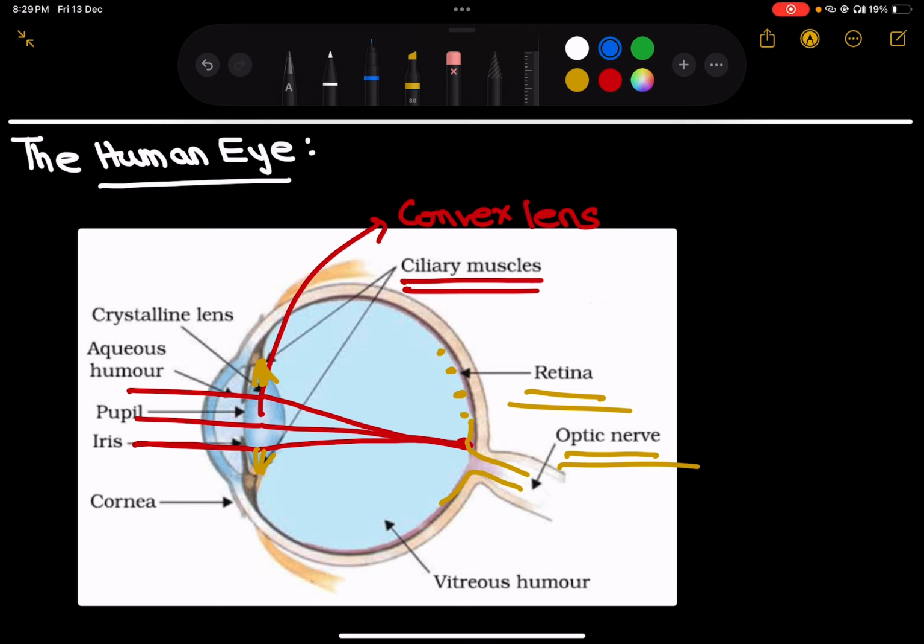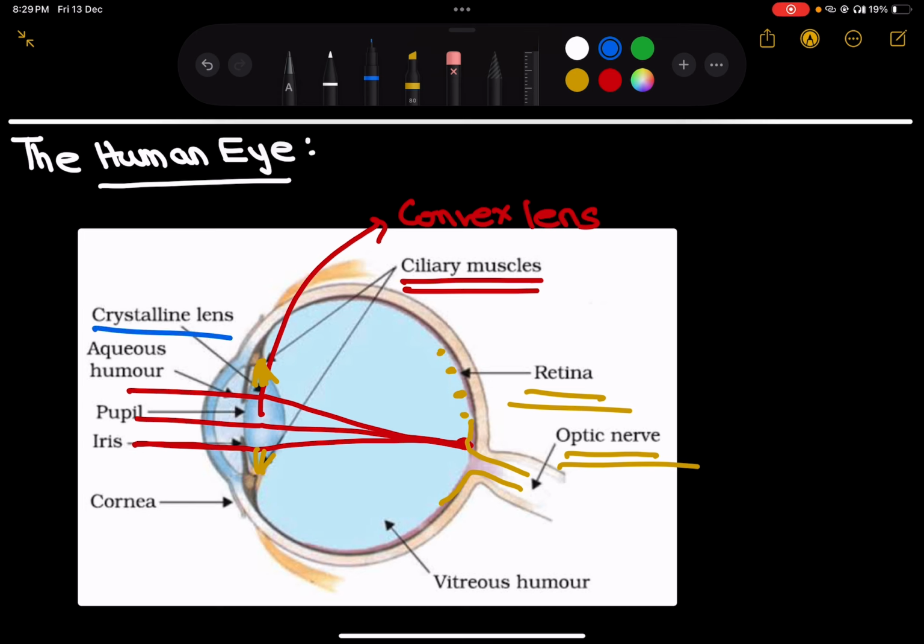So it flips the inverted image and makes it right side up, and then we can interpret it. That is how it works. The eye lens does not form erect images, it forms inverted, real images of the object on the retina. That is the main function of the crystalline lens.